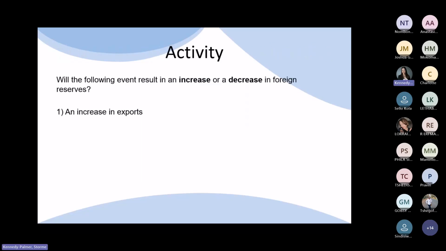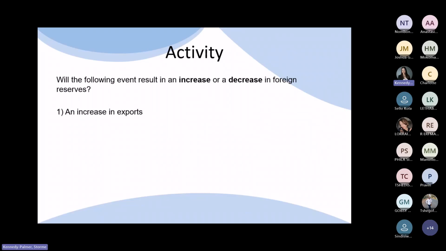Okay, activity. Will the following event result in an increase or a decrease in foreign reserves? An increase in exports. What would you say? Does it increase or decrease foreign reserves? Increase.